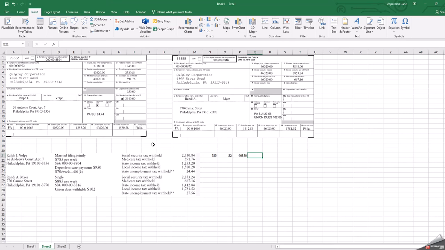Let me look at our tax table. So it is weekly at $785. If I go down to the weekly pay period, $785, and this person is, oh yeah, I do know, married filing jointly.